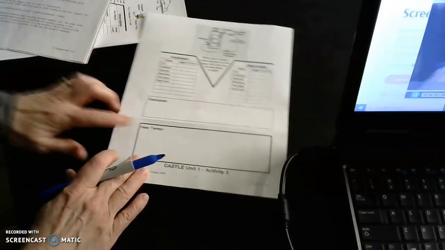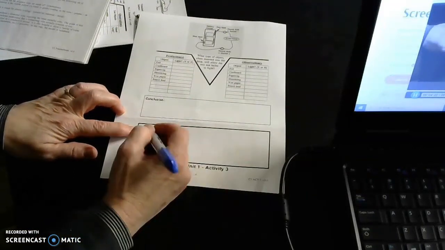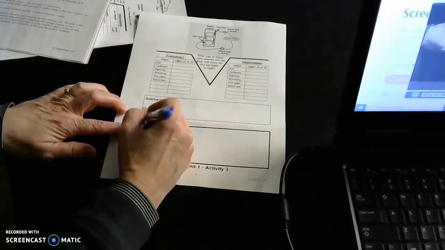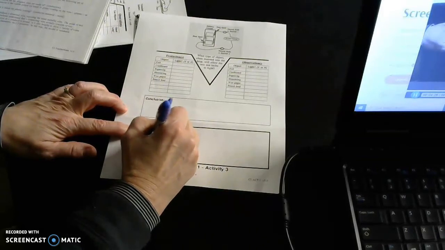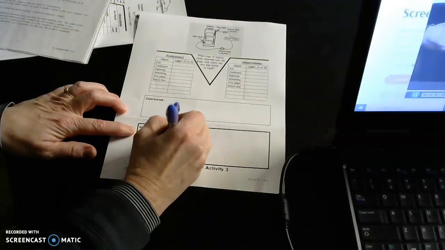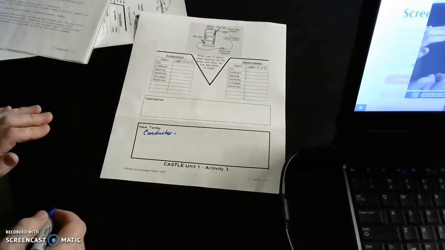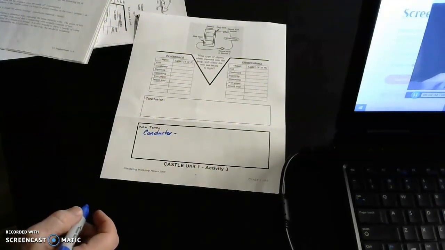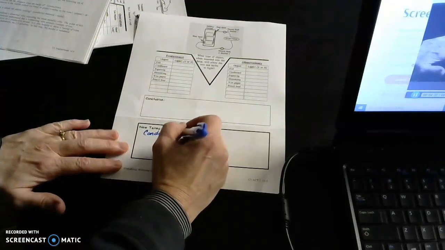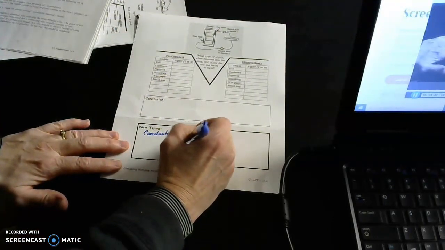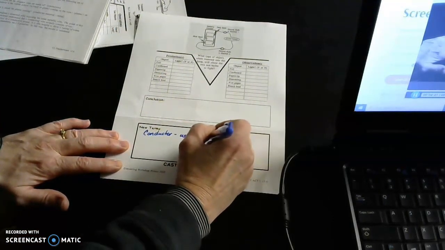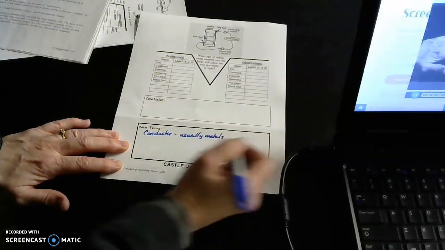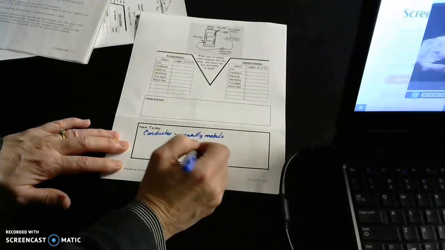So on our sheet, I'm going to go over some new terms here. The first term is called a conductor. A conductor is a substance that does allow things to light. So these are conductors. They are usually metals. So we're saying most of the time they're made out of a metal, but there's some that aren't metals that will conduct.